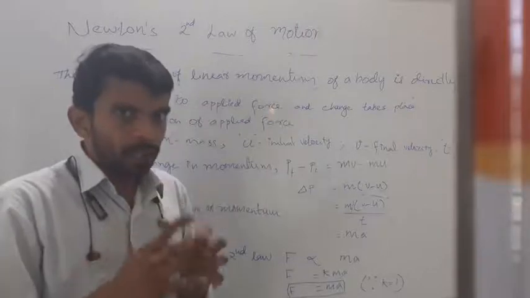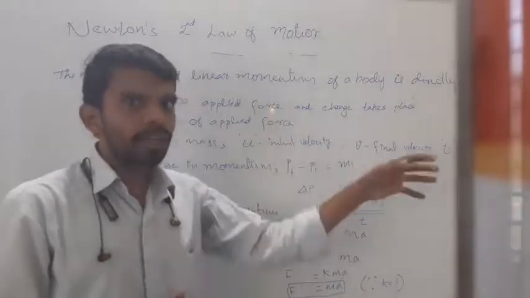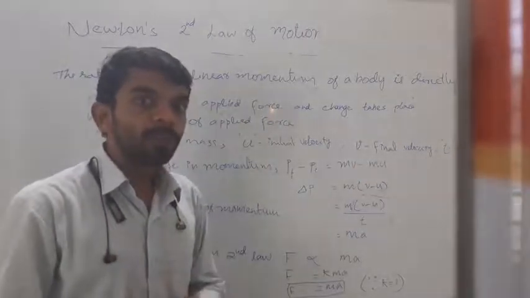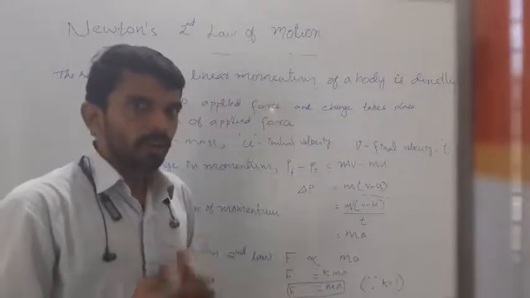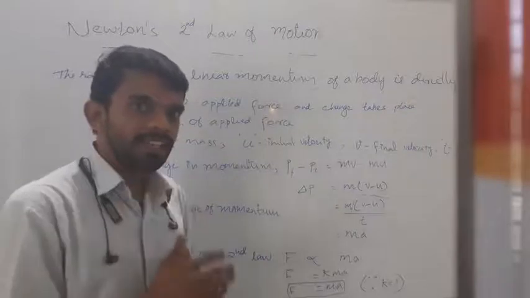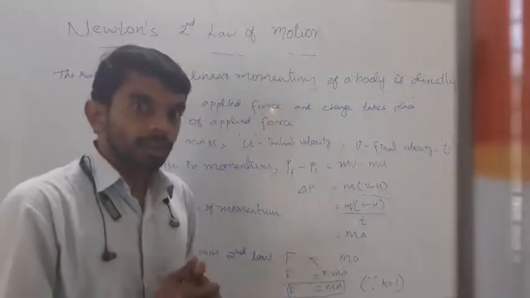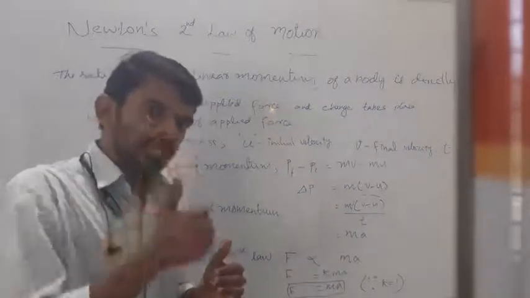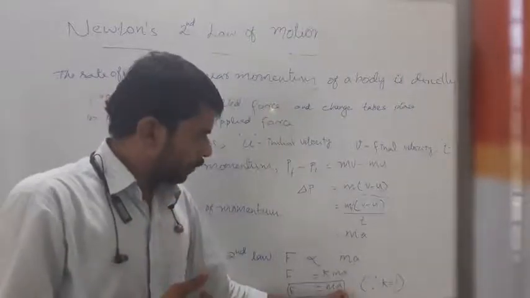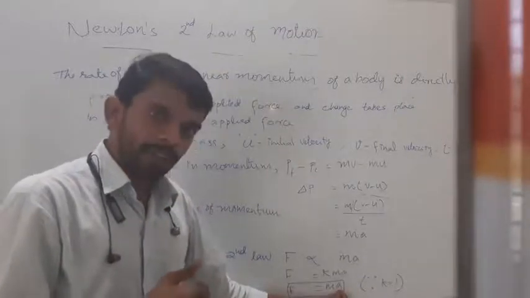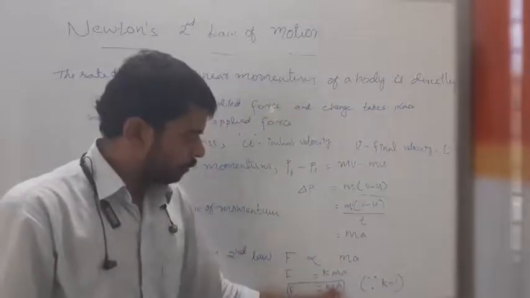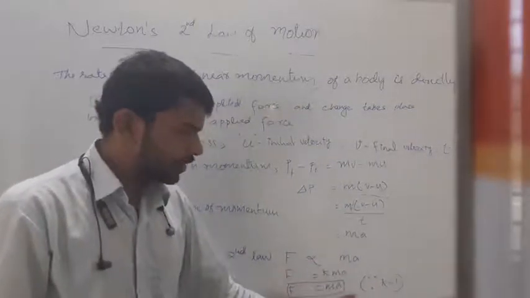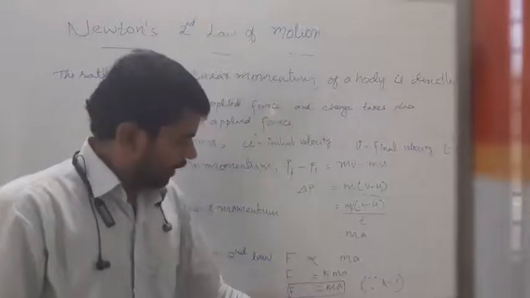If you give the same force to a car and a cycle, which one will be accelerated more? The cycle will be accelerated more than the car. So when mass increases, for a given force, acceleration will be reduced.